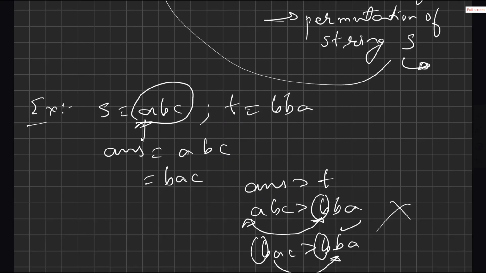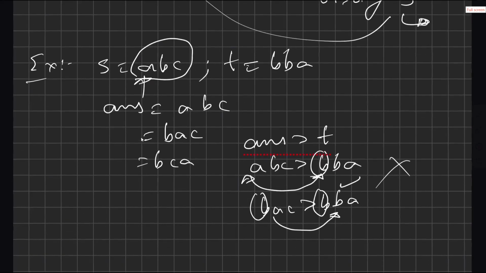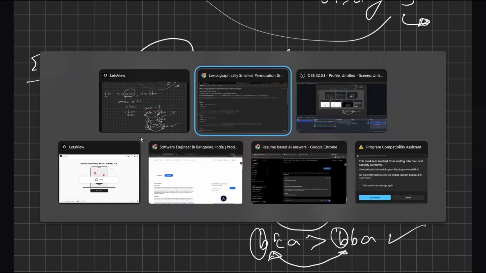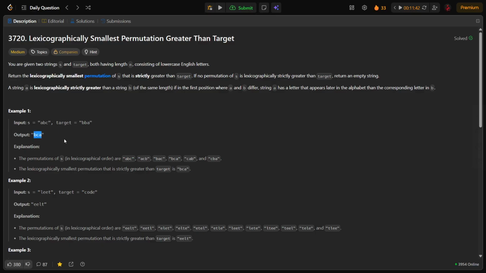Now, what can we do? Can we take B, C, A? Now let's check. We have BCA, and we have BBA. Obviously the first characters are the same, and in the second characters, C is greater, so this is valid. So this is our answer. We have BCA as our answer.